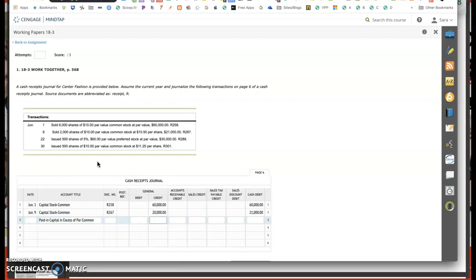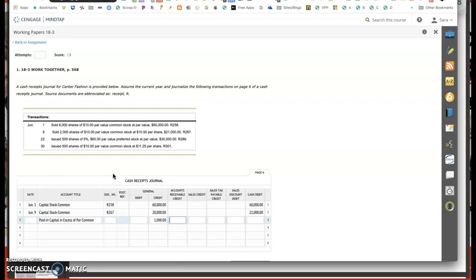You could just take the 21,000 minus 20,000, or if you just want to double check to make sure you did your math right, you'd go ahead and take the 2,000 times 10.50. And so for that, we would get 21,000. So kind of same thing, 21,000 minus the 20,000. So in the credit, $1,000.